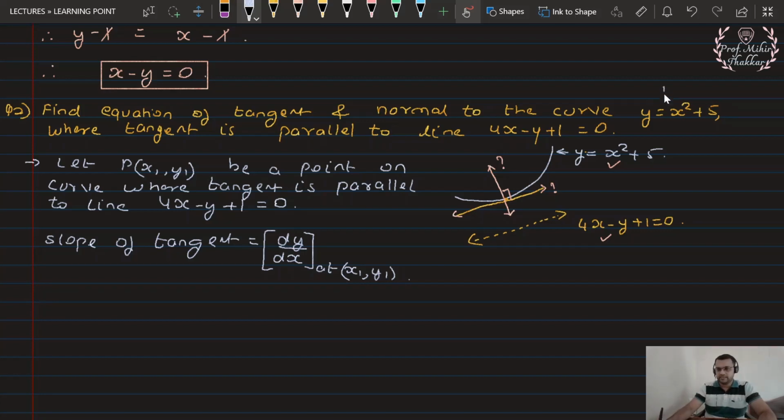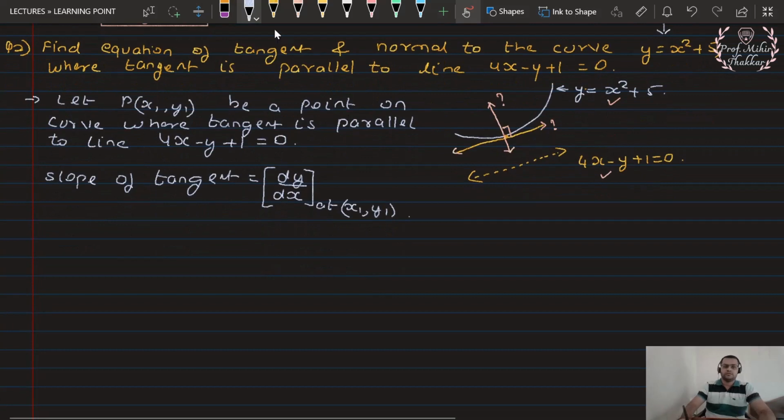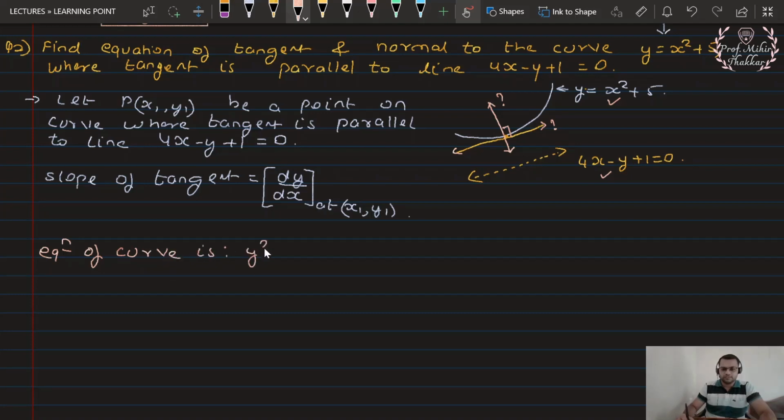So we have to find the derivative of the given equation of the curve. Equation of the curve is y is equal to x square plus 5, and I differentiate this with respect to x.